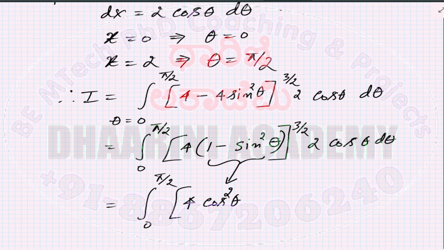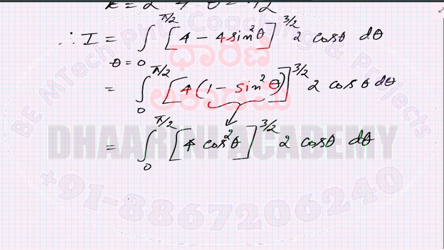So 1 minus sine square is cos square theta. This raised to the power 3 by 2, which is outside, then into 2 cos theta d theta.